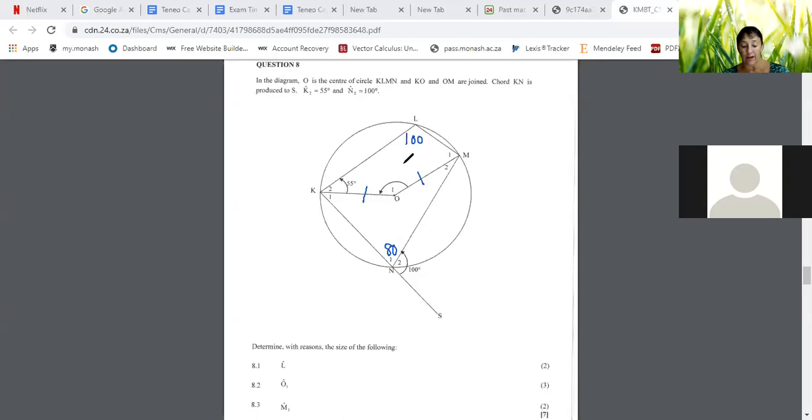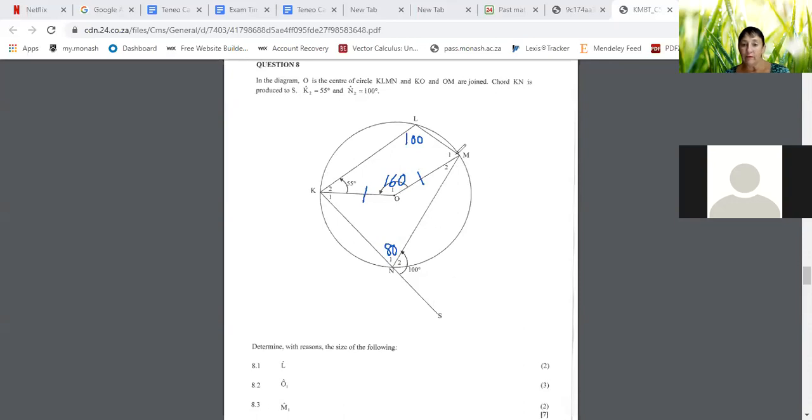What theorems do you have with centers? Angle at center twice angle at circumference. So that angle is equal to twice that angle. So this is 160. Reason, angle at center equals twice the angle at the circumference. All right.